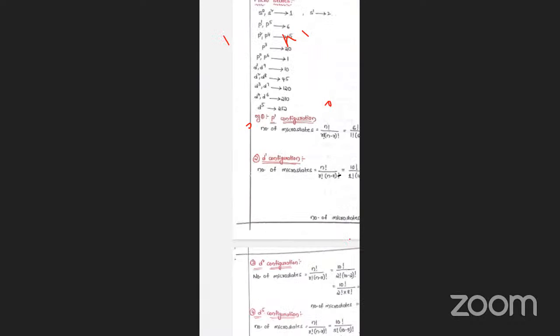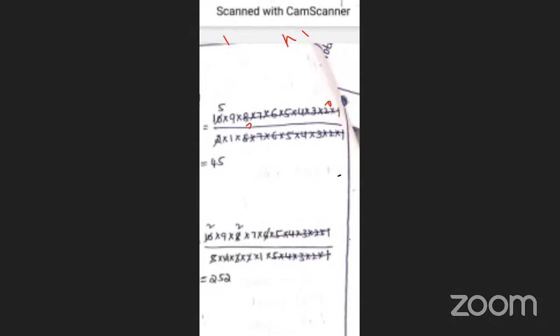And what about the d2 configuration? In the d2 configuration, the d orbital contains 2 electrons. How many microstates are there? 45 microstates.